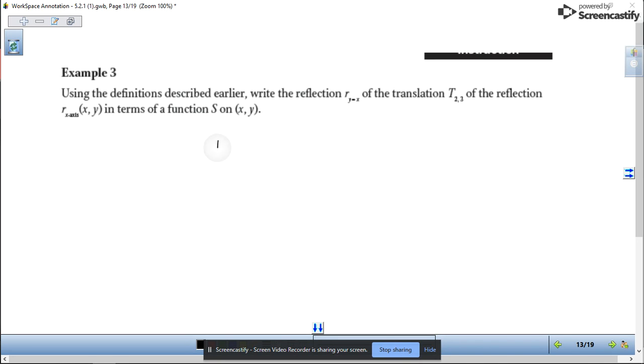So we're talking about doing lowercase r: r_{y=x} of T(2, 3) of r_{x-axis} of s of x. Yep. Nope, one more. We have 4.